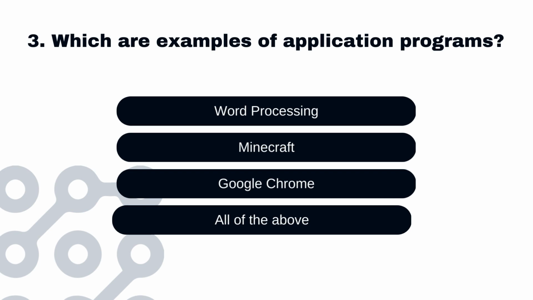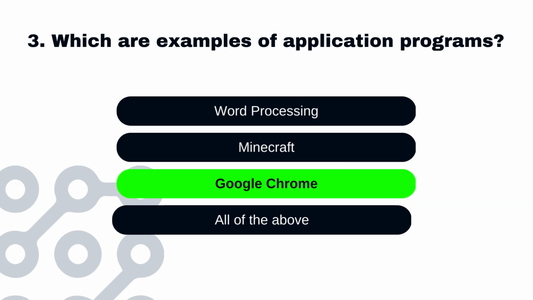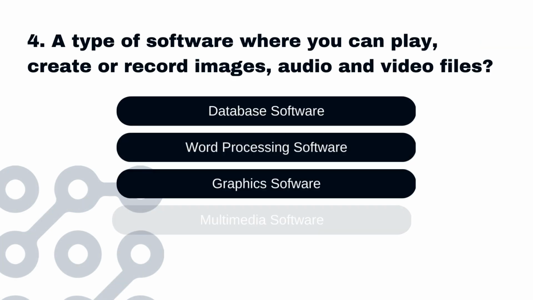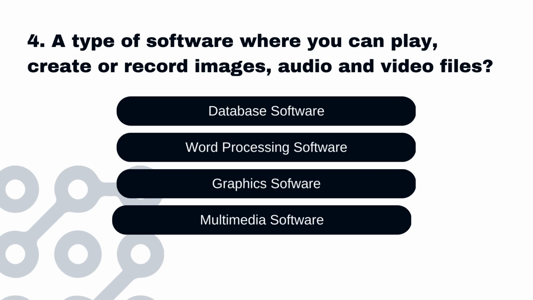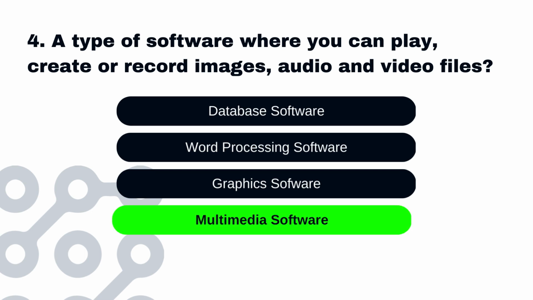And the correct answer is all of the above. Question number 4. A type of software where you can play, create, or record images, audio, and video files. And the correct answer is multimedia software.